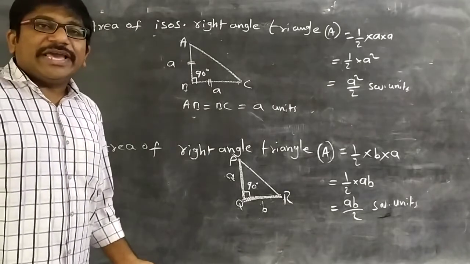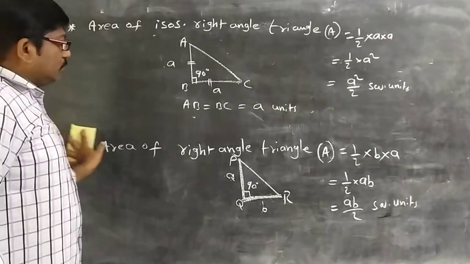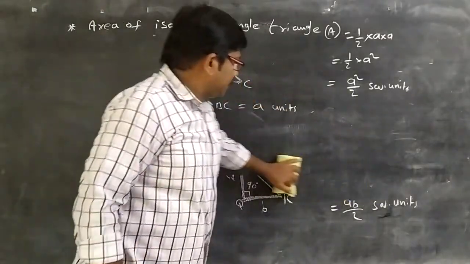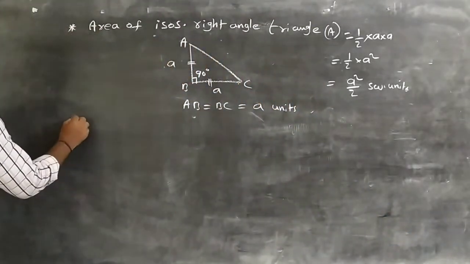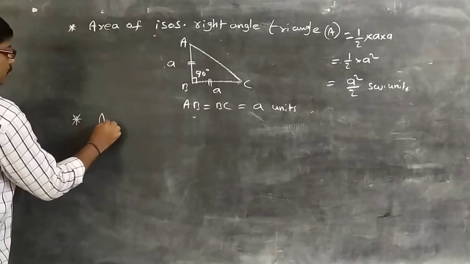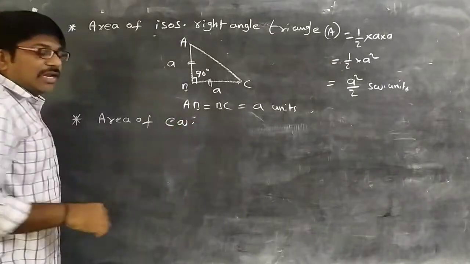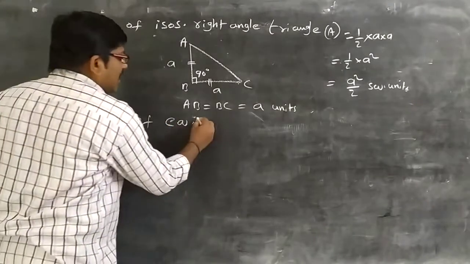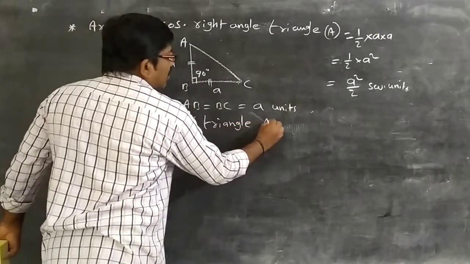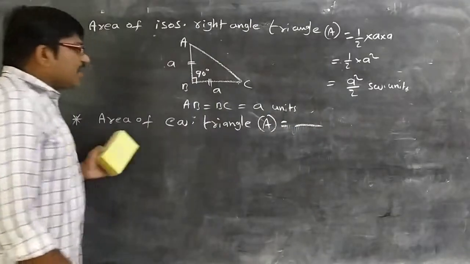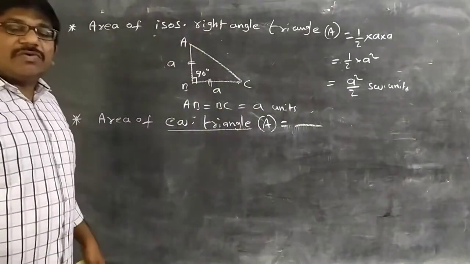Equilateral triangle. What is the area of an equilateral triangle? What is the definition of an equilateral triangle?